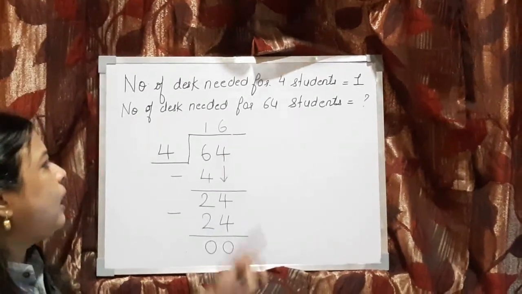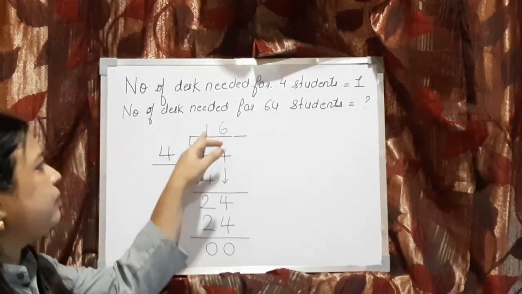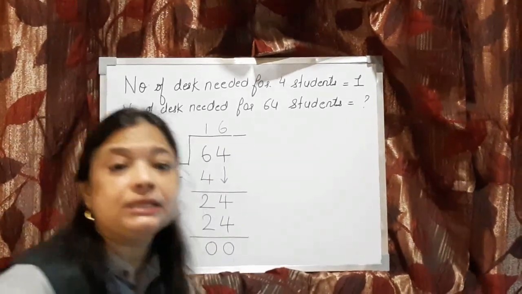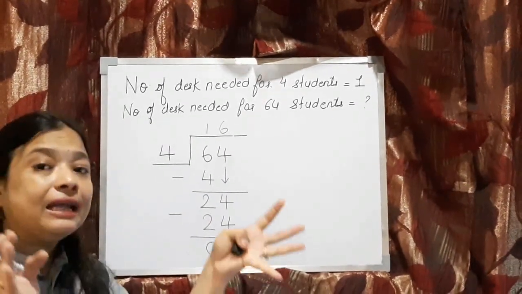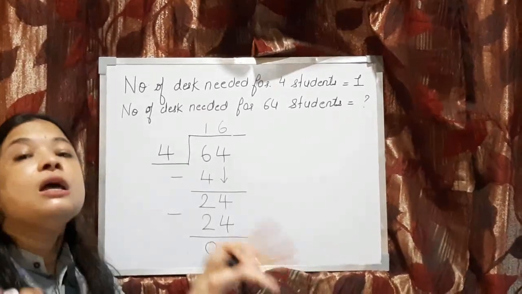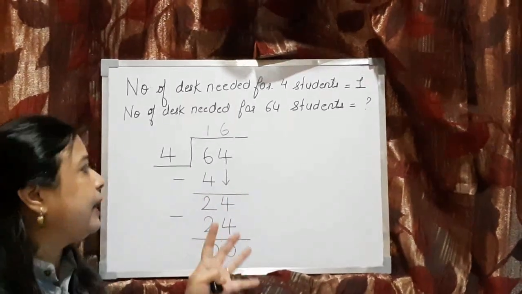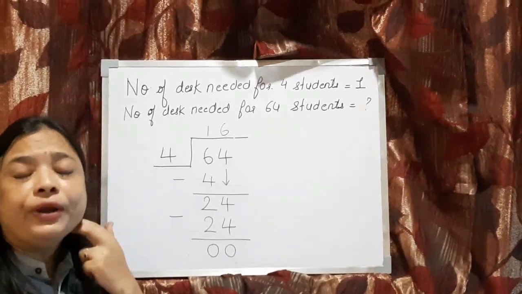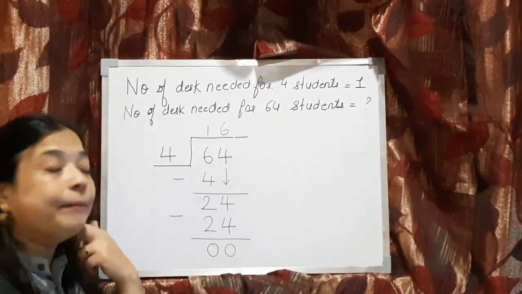So children, how many desks are required for 64 students? 16 desks are required. अगर 16 benches होगी और एक desk के ऊपर एक bench के ऊपर अगर 4 children बैठेंगे then 64 children can be accommodated in 16 benches.